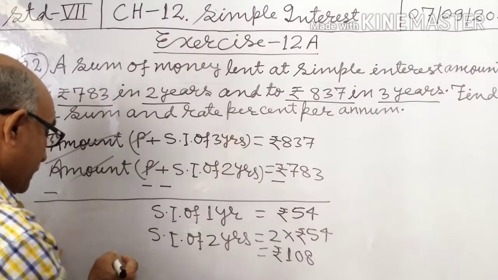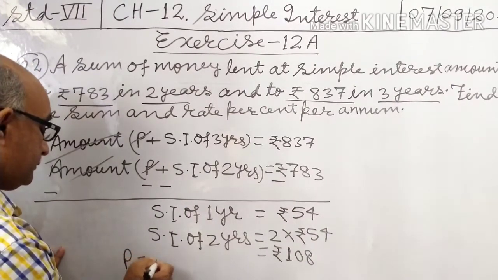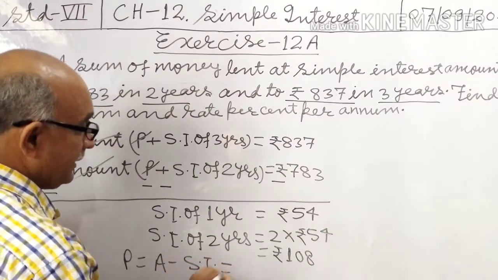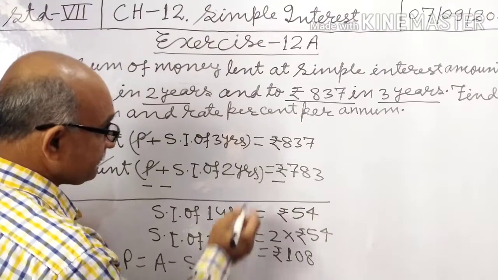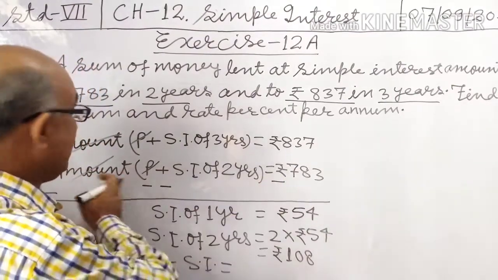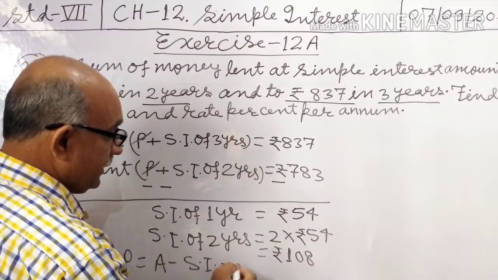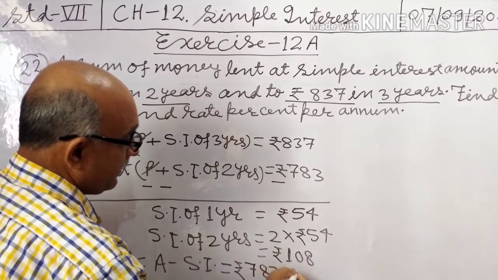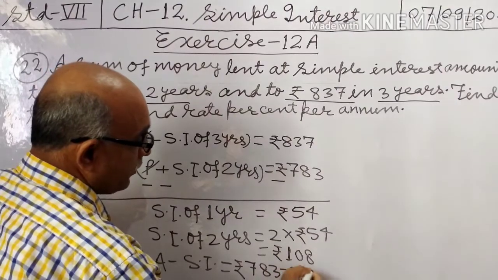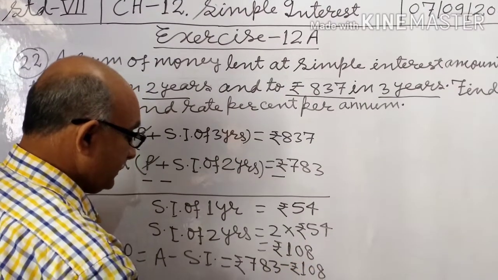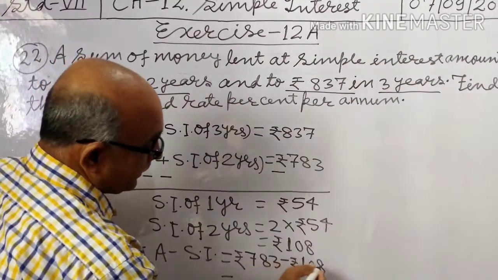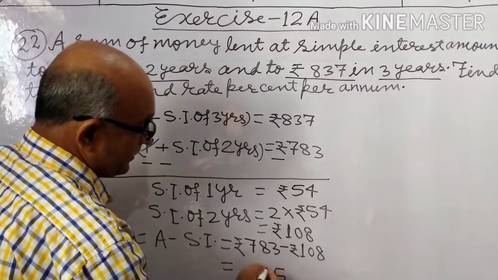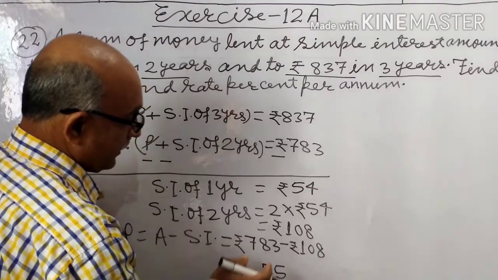Now find principal. P equal to A minus SI. A is the amount of 2 years, rupees 783, minus rupees 108, subtract it. 13 minus 8, 5. 7 minus 0, 7.